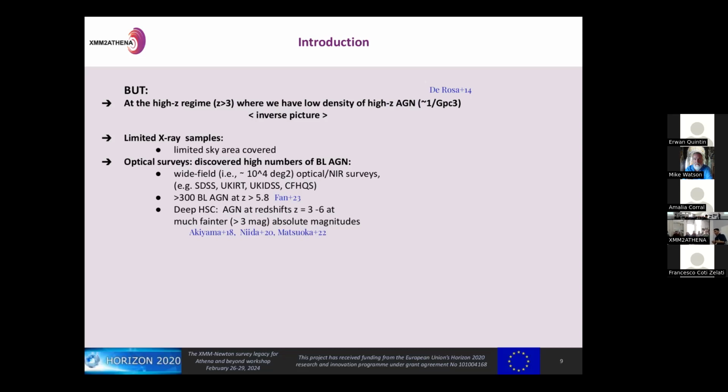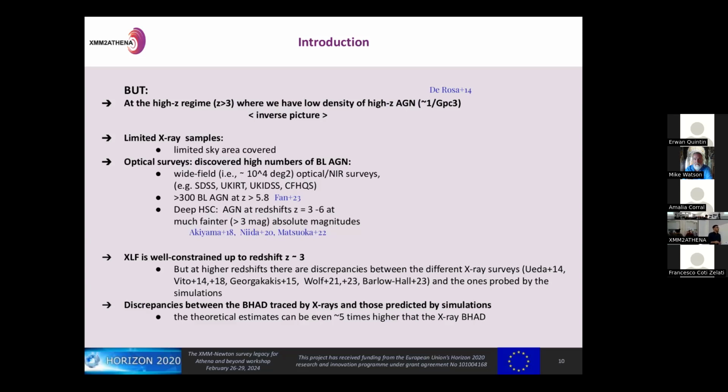So what we want to do is to increase the X-ray sample at this redshift in order to correctly study the growth and the evolution of the AGN population. So far, one tool to study the evolution of the AGN is the X-ray luminosity function, and this is very well constrained up to redshift 3.